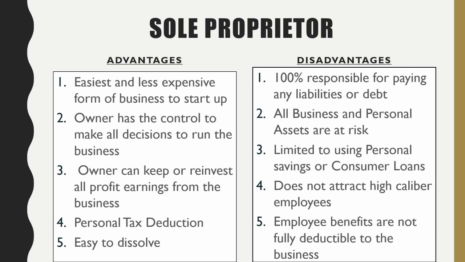And last but not least, employee benefits are not fully deductible to the business. So again, because you're a small business, you're a sole proprietor, a lot of the deductions and benefits that you have to turn into the government are not fully taxable.